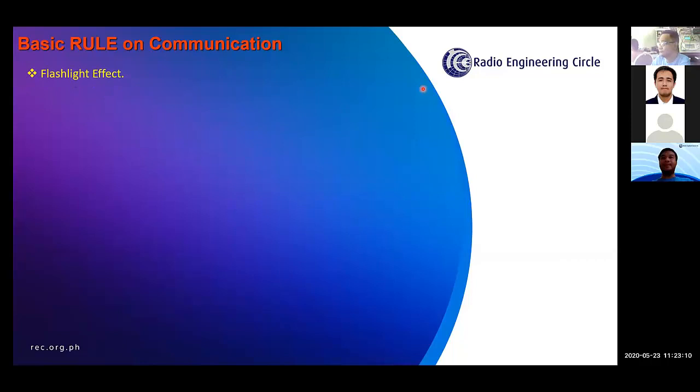Basic rule on communication. Flashlight effect. May flashlight. Okay. Ito yung receive. Basta nagkaroon ng building, kabila ng building, may shadow. Yung shadow is a dead spot. Walang signal. Kaya flashlight effect. Simple rule for communication.